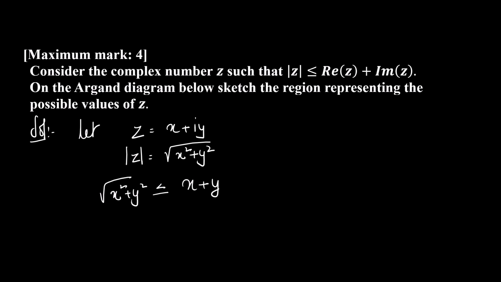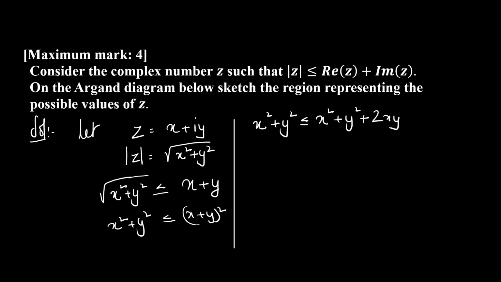If I try to solve this further, I will probably be squaring it on both sides. So I'll have x square plus y square less than or equal to x plus y the whole square.